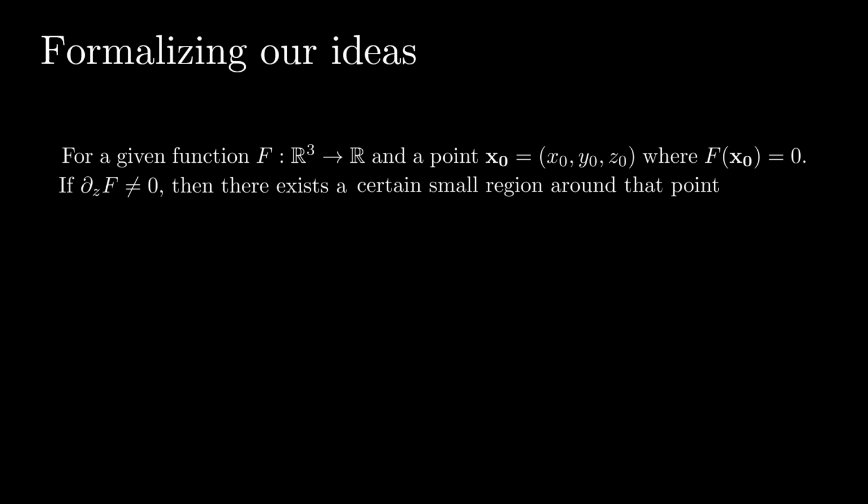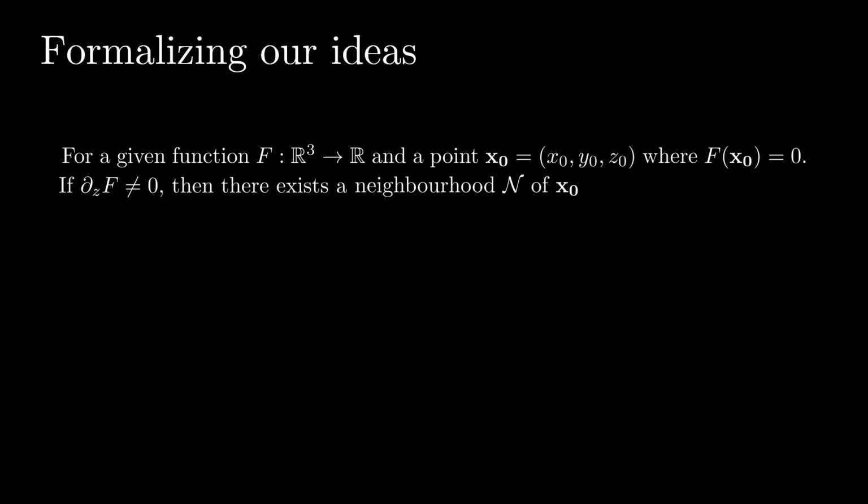Now, with this condition, if the partial derivative of F with respect to z is different from 0, we've conjectured that there exists a certain small region around that point. But in mathematics, we call these small regions neighborhoods, and we write them with this curly N, and this is a neighborhood of x0 because the region is around that point.